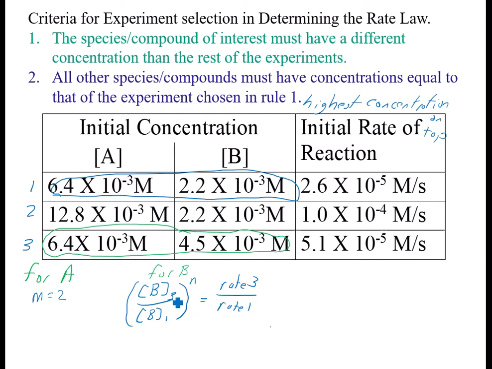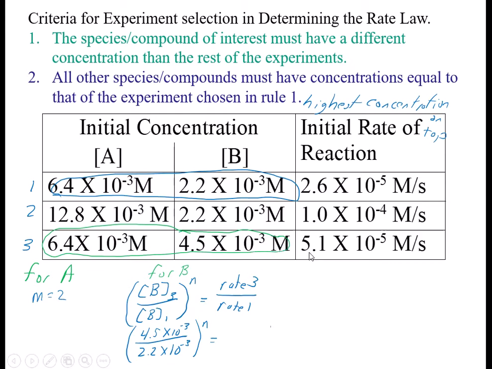Now I'm plugging in my numbers. The concentration for experiment 3 was 4.5 times 10 to the minus third divided by the 2.2 times 10 to the minus third. And this one's n.